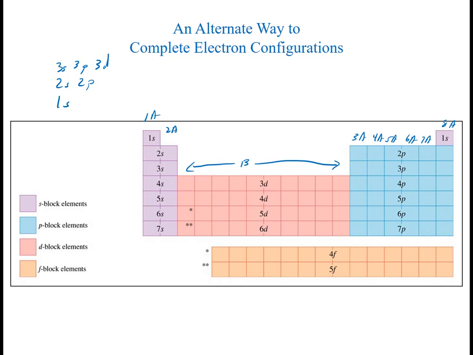If I look at this first tower, it's only 2 elements wide, and that happens to be the S's. If I look at this tower over here on the right-hand side, it's 1, 2, 3, 4, 5, 6 blocks wide, and 6 goes with the P's.